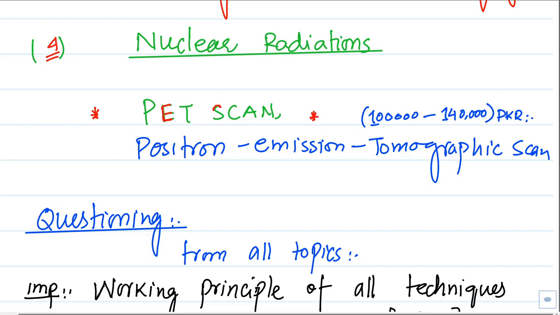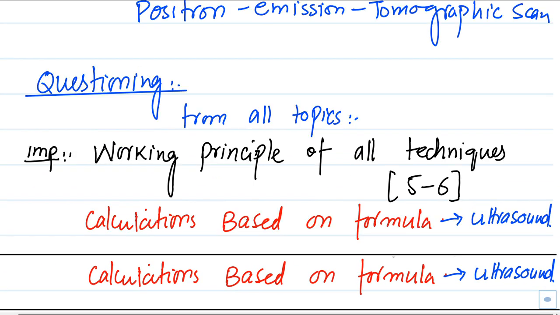Okay, positron emission tomographic scan. Usually it costs almost this. These are old notes, 1 or 2 years back, so maybe that was the rate at that time, so it would be more expensive in PKR. So PET scan is not frequently advised by the doctors, but it is a technique.